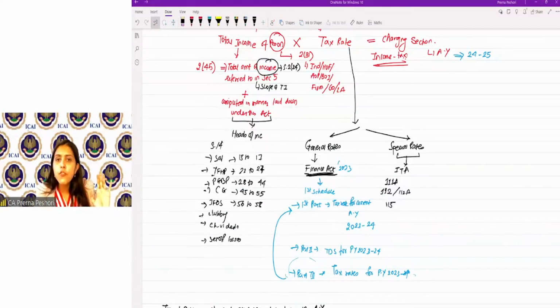Now, what is exactly the 115 BAC scheme? Let's try and understand.